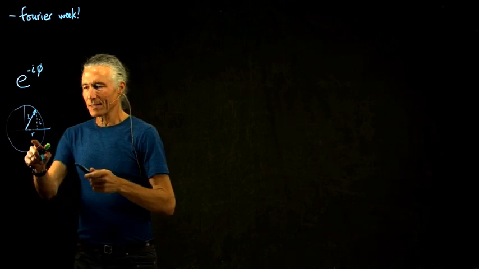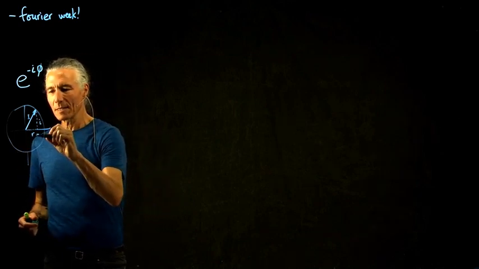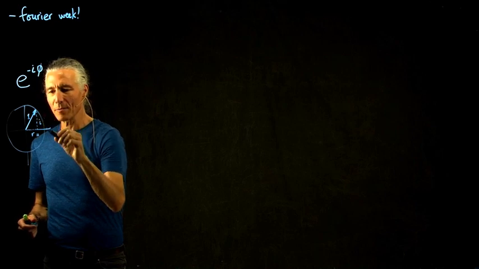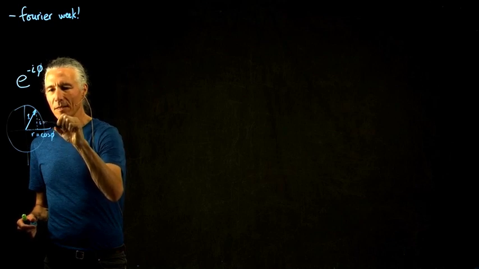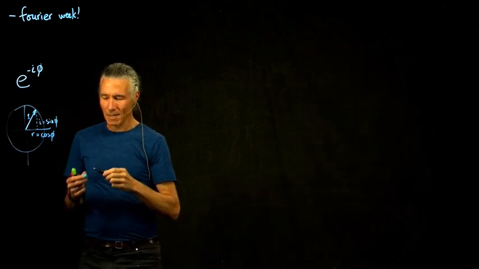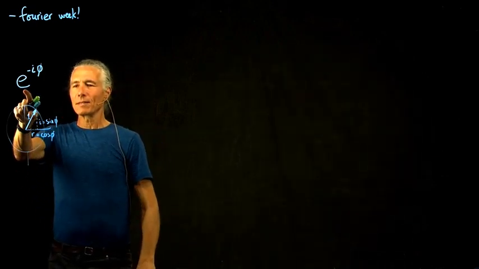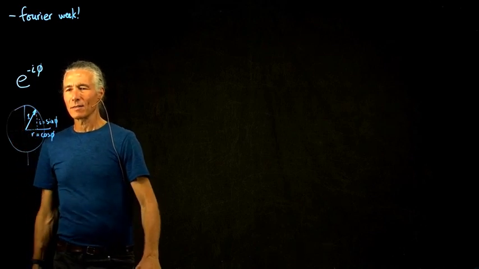What is the real part? Since the hypotenuse is 1, the real part is just cosine of that angle, and the imaginary part equals sine of that angle. So you immediately see the relationship between this thing and sines and cosines.